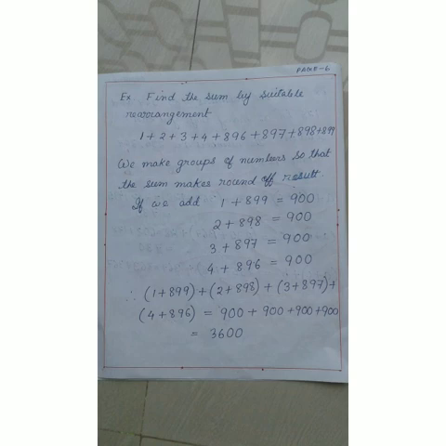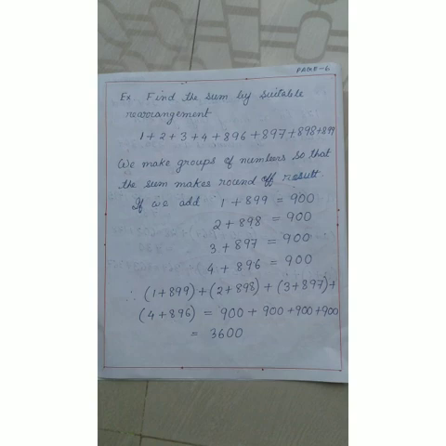In the next example, we are asked to find the sum of 8 numbers by suitable rearrangement: 1 plus 2 plus 3 plus 4 plus 896 plus 897 plus 898 plus 899. We have to make groups of the numbers so that the sum makes a round off result.